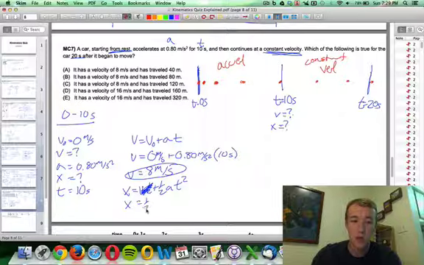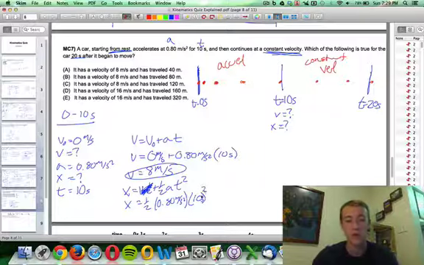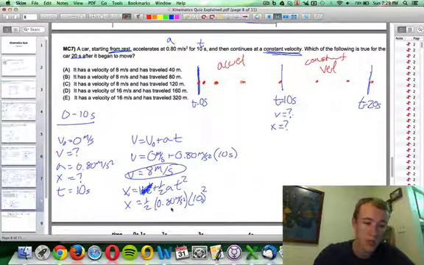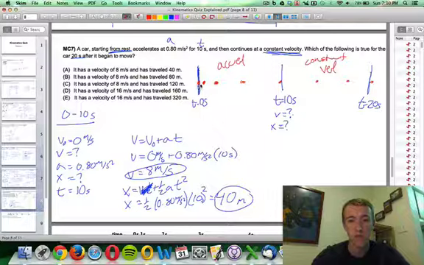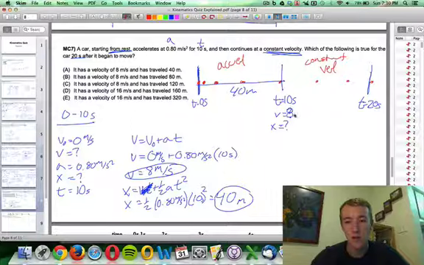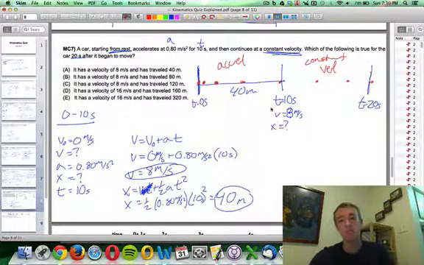So you get 1/2 your acceleration, 0.80 meters per second squared, and your time is 10 seconds, and you're squaring that. 10 squared is 100. 100 times 0.8 is going to give us 80. Half of that is 40 meters. So that's how far you've traveled in this distance here, 40 meters. And that velocity was 8 meters per second.